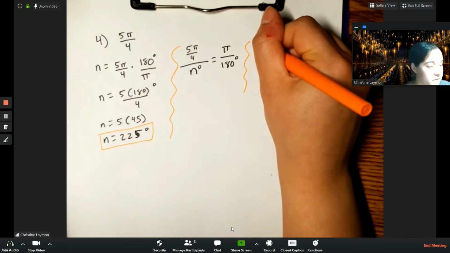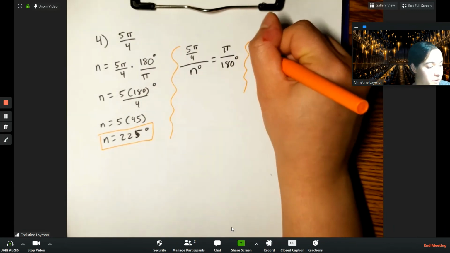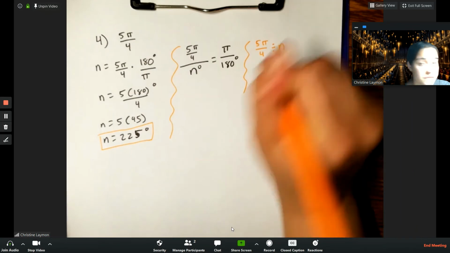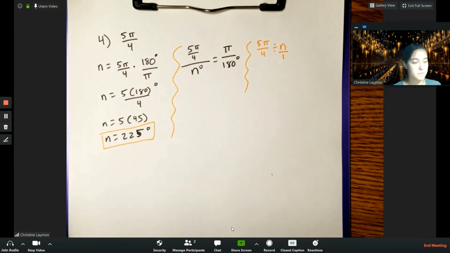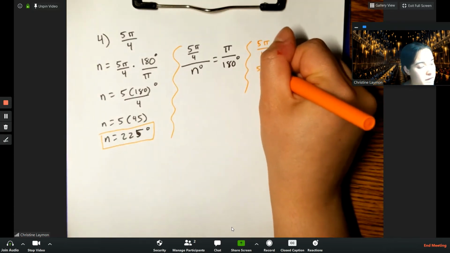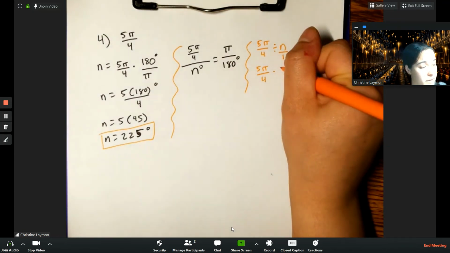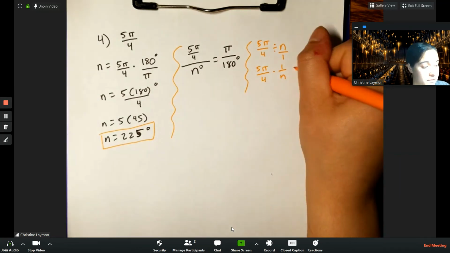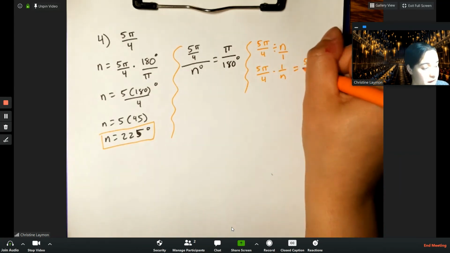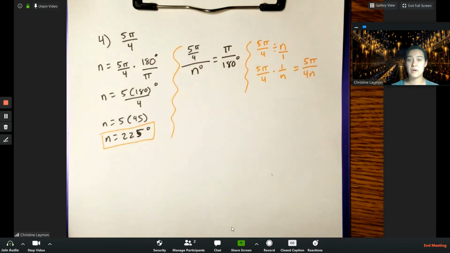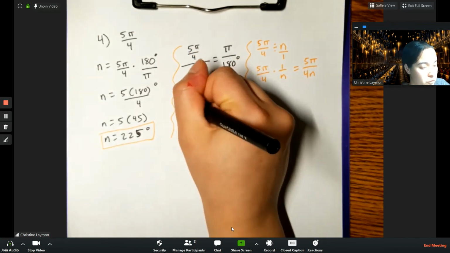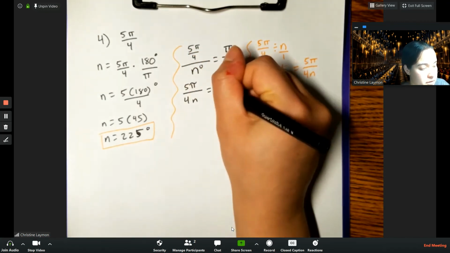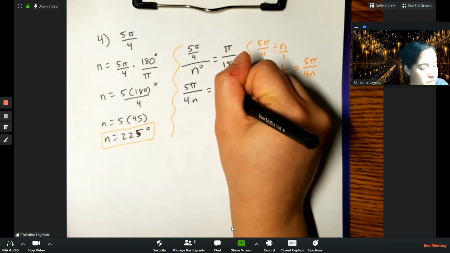I'm thinking of this as saying 5 pi over 4 divided by n. Remember, dividing by n is the same thing as n over 1. And dividing by a fraction is the same thing as multiplying by the reciprocal, 1 over n. Meaning what I have is 5 pi over 4n. That is what I'm going to use. So I have 5 pi over 4n equals pi over 180.